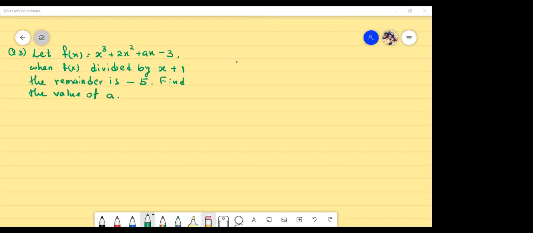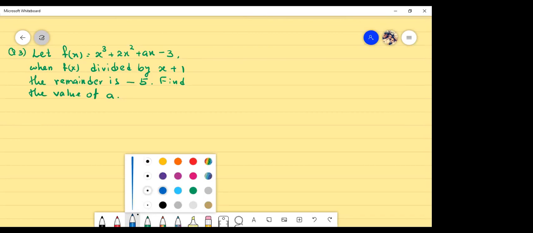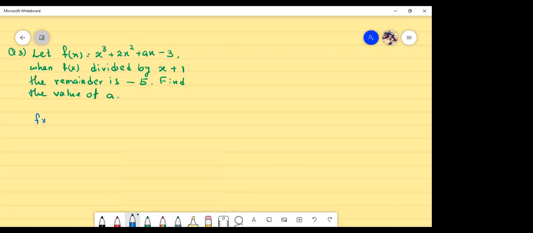Right. Now let's see how we write the answer. Now look at here. Right? Now here also we write the statement. f(x) divided by x plus 1, the remainder is f minus 1.